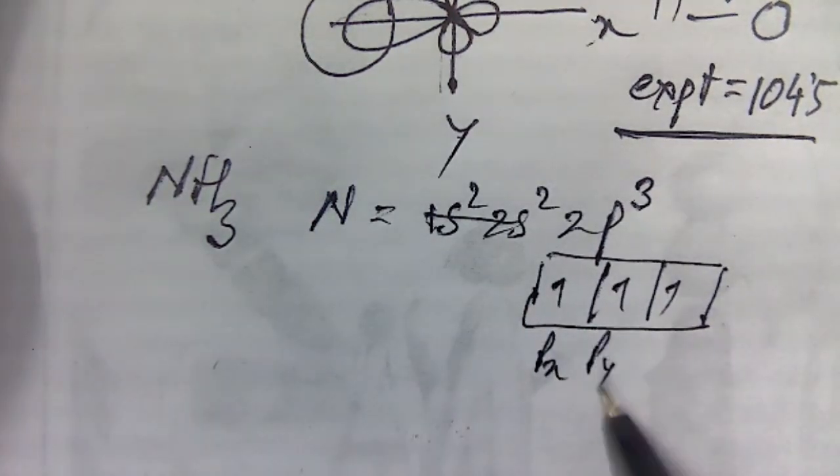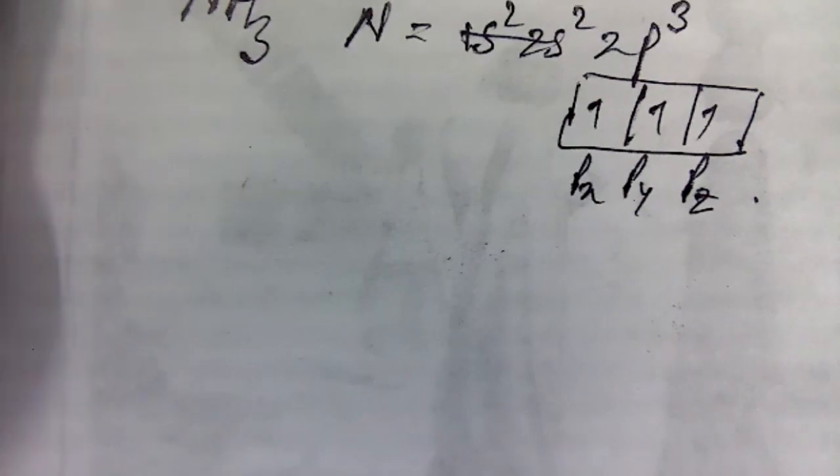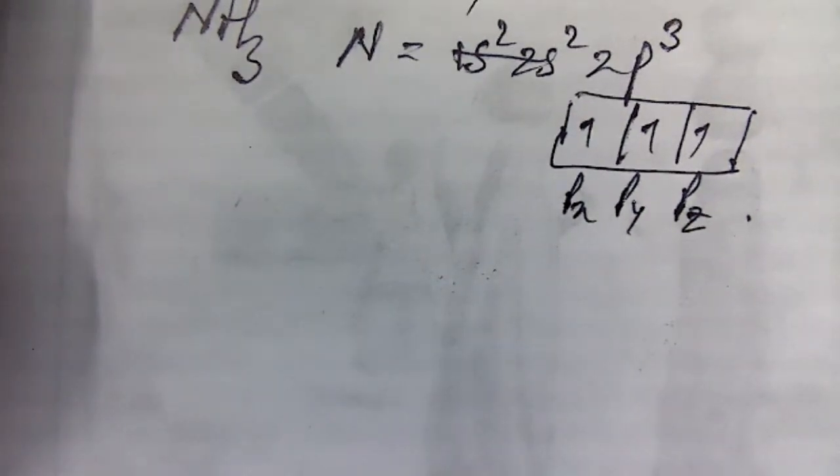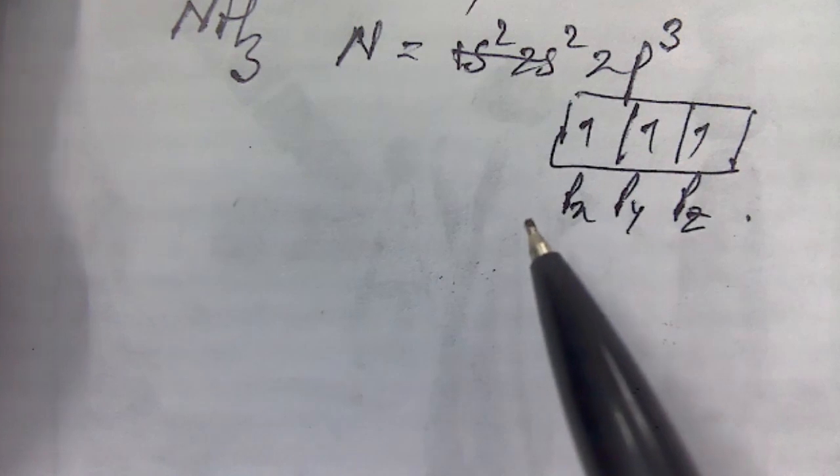Px, Py, Pz. All three are half-filled here, isn't it? Now, if I see the same type of overlapping, then Px will overlap with one of the s, Py will overlap with one of the s, and Pz will overlap with one of the s, isn't it?